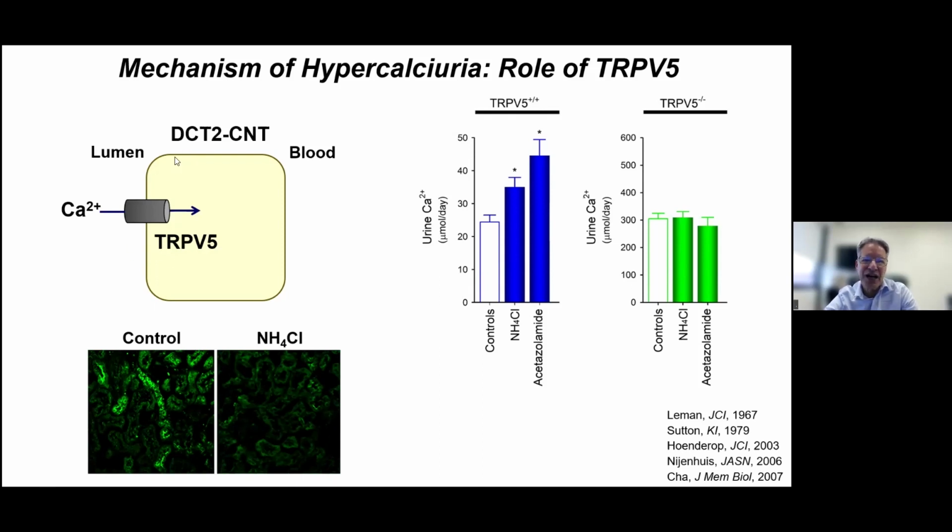Okay, and there's two types. That's why it's called DCT2. There's a DCT1. DCT1 doesn't have the TRPV5 calcium channel. And there's also the segment after this in the collecting duct called the connecting tubule. That's what CNT stands for. So the TRPV5 is only in these two segments, and there's some facts known about it.